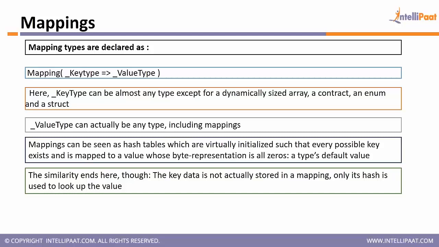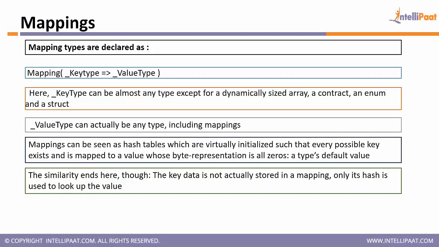The key type can be an elementary type, a contract, an enumerator or a structure. The value can be of any type, including mapping. It is very similar to hash maps, which are virtually initialized, such that every possible key exists and is mapped to a value.